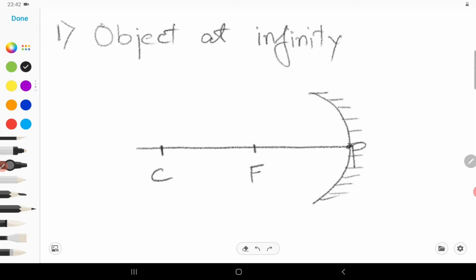Here we cannot show the object because the object is already at infinity. Since the object is at infinity, it can throw rays in any direction. The first ray strikes the mirror at this position and is reflected somewhere around here.